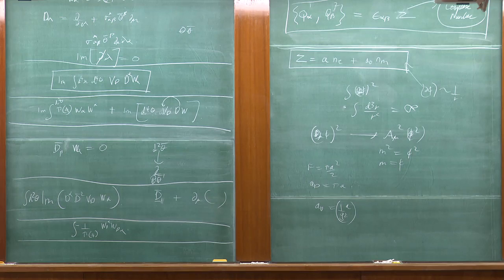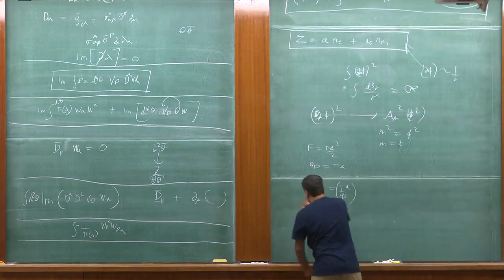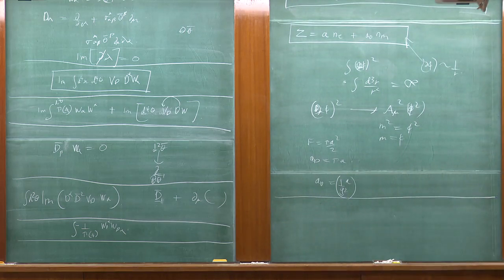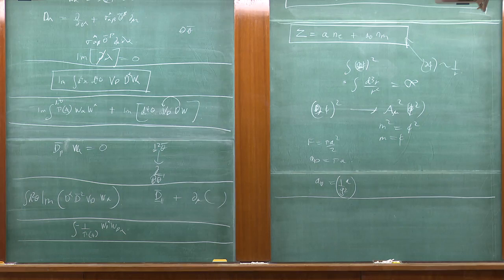Now, can we argue that these objects continue to exist, not just semi-classically, but over some finite range of A? Now we come back to Diksha's argument.